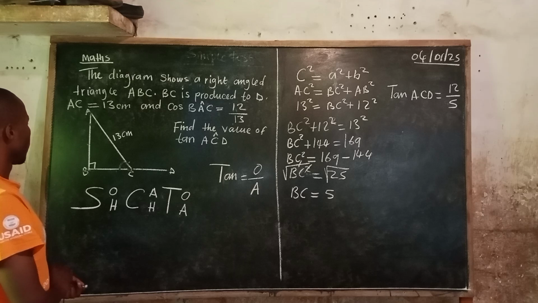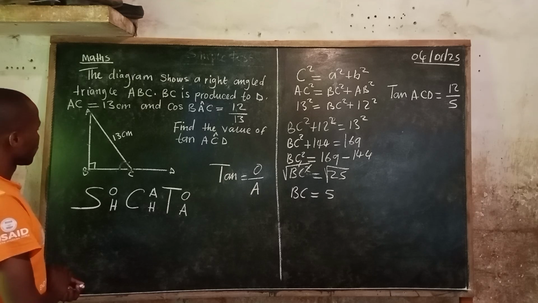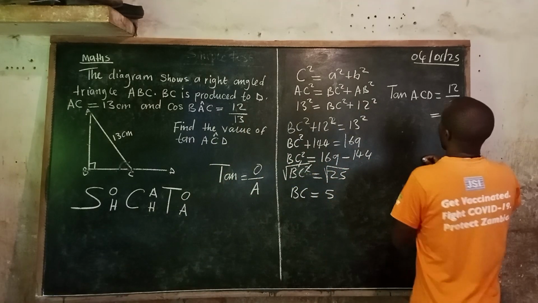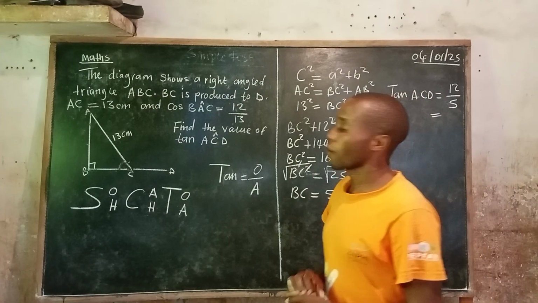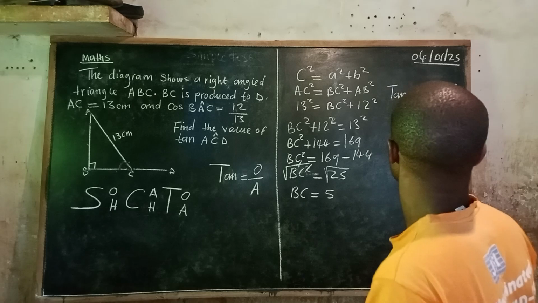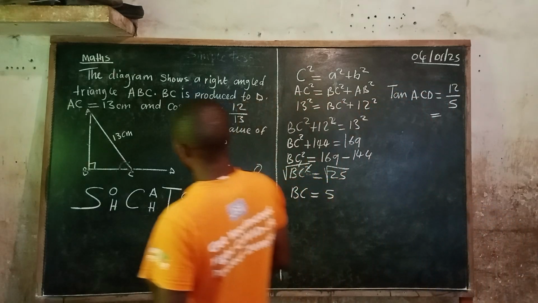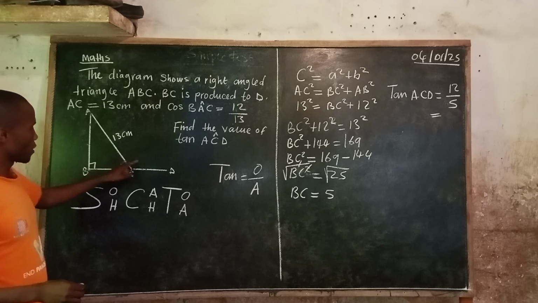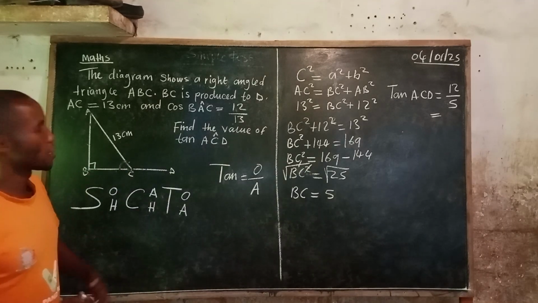Okay. So now from there, we are going to bring in the idea of quadrants. Let us look at the quadrants now. This is an obtuse angle. So that means this is found in the second quadrant.